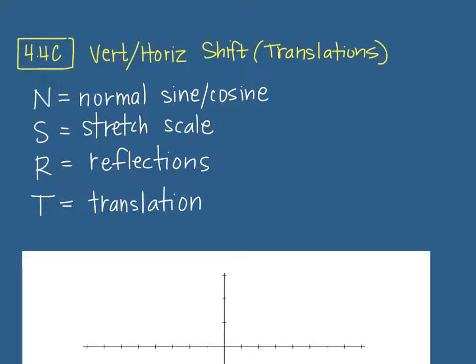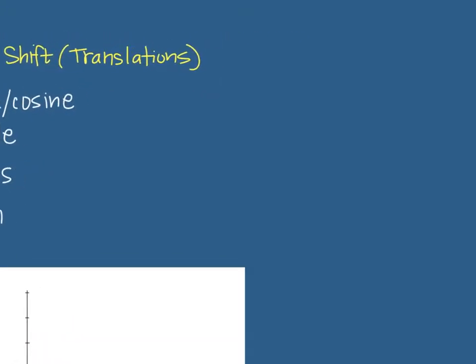So let's talk about how that works. All right, y equals a sine parentheses b. We've already learned what the a will tell us about adjusting the scale of the y-axis. We've learned what the b tells us about adjusting the scale on the x-axis so that we can know when our period or cycle ends.